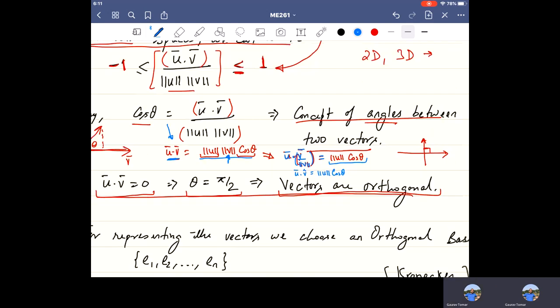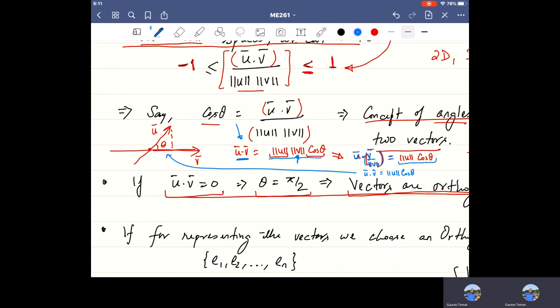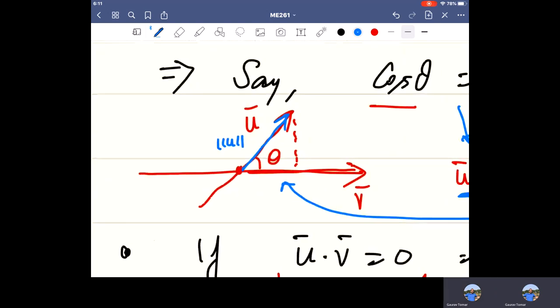Correct? So now you can immediately see that this was the length of the vector, norm of u. I take the angle that we define as theta, and when I do u dot v hat, I get norm of u into cos of theta.